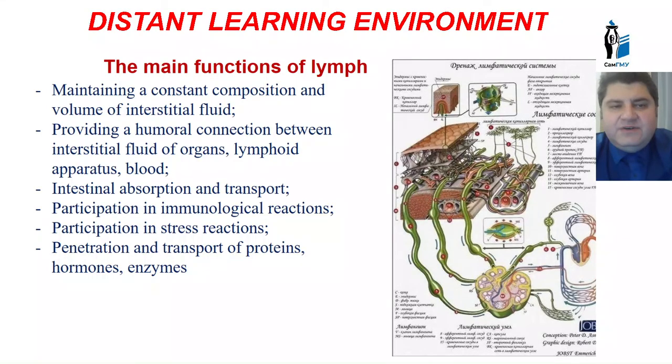Next, interstitial absorption and transport. Next, participation in immunological reactions, and also in stress reactions, penetration and transport of proteins, hormones and enzymes. You may see the picture in green color: lymphatic vessels, and a lymphatic node in the lower part of this picture.